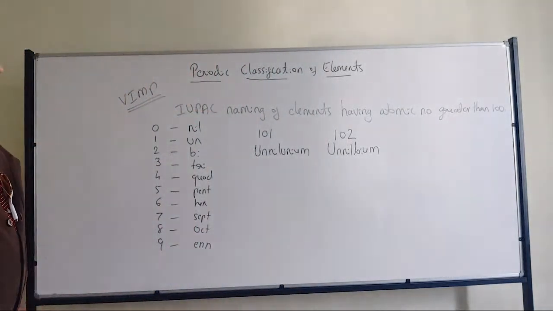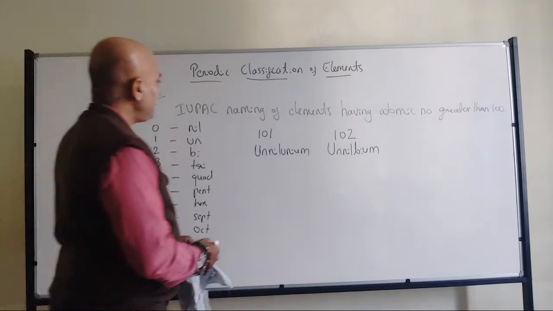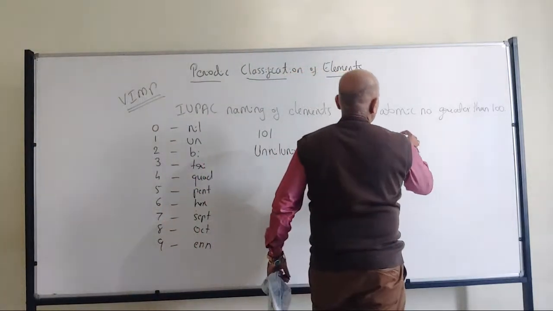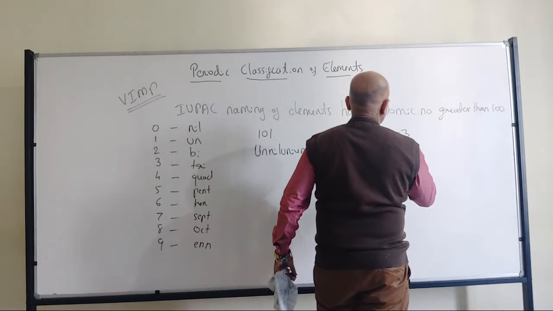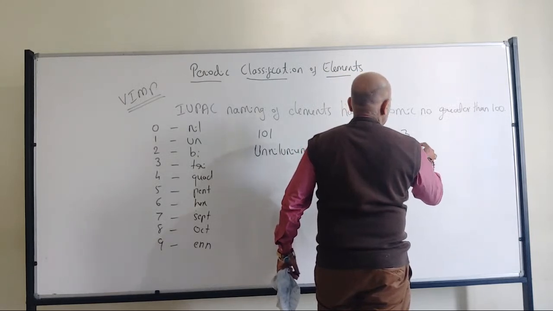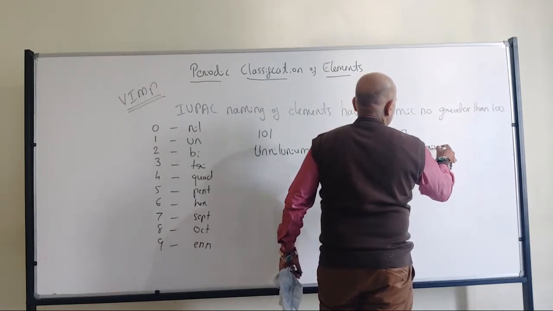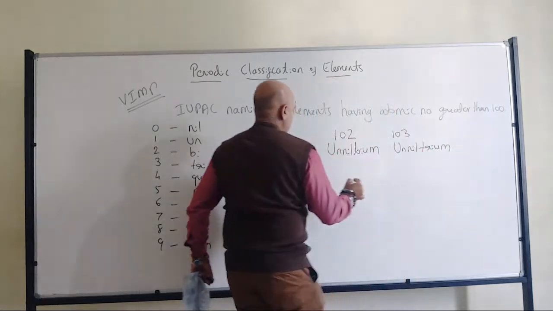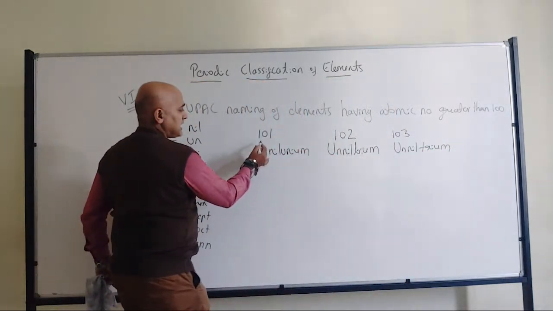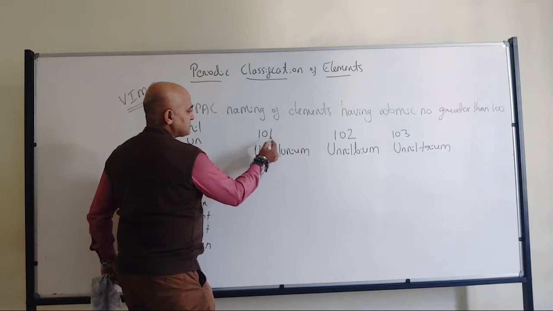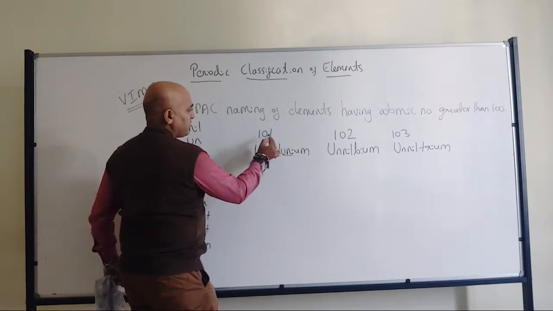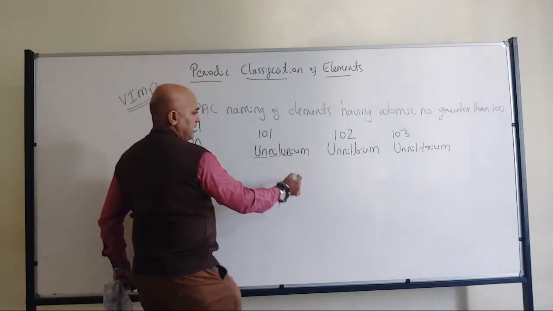Okay? So that's where we can have the name. If I want to have 103, I can mention it as un, nil, trium. So if I observe here, un stands for 1, nil stands for 0, un stands for 1, at the end IUN.